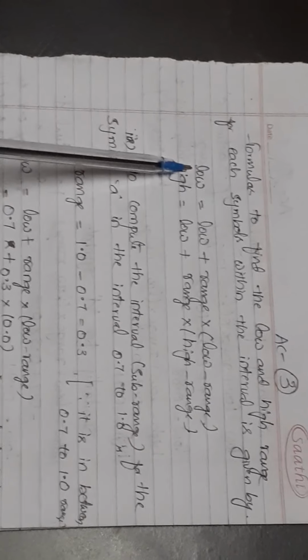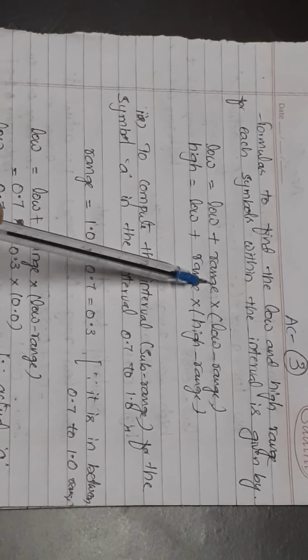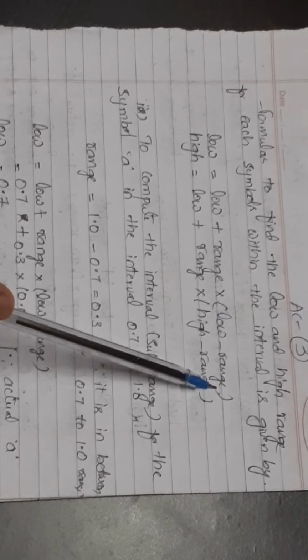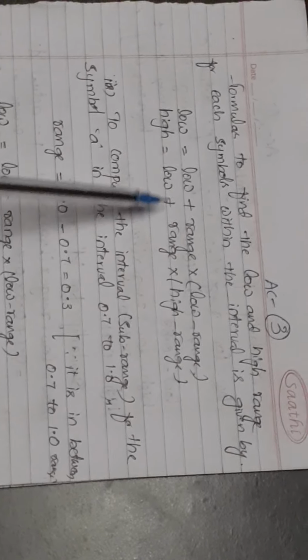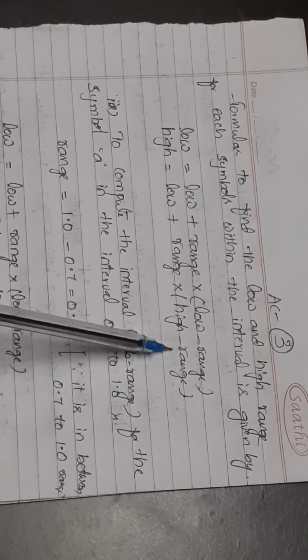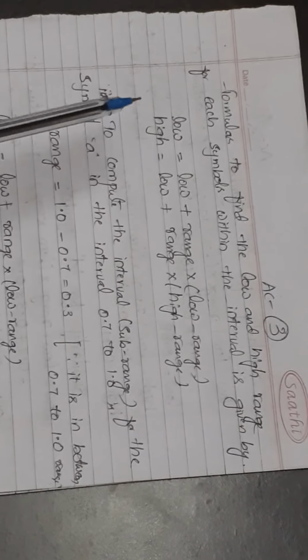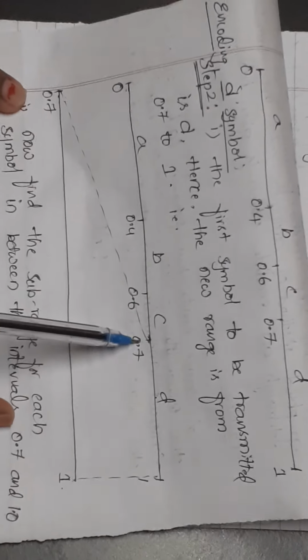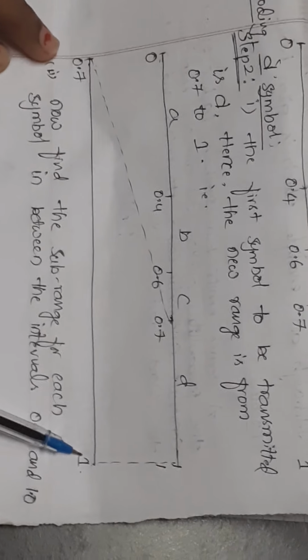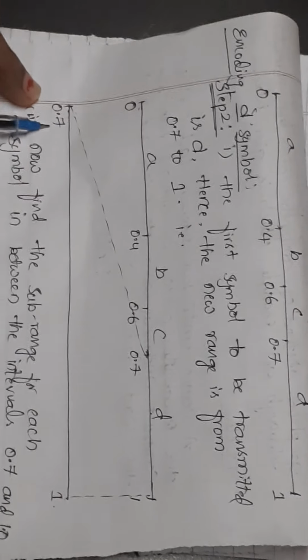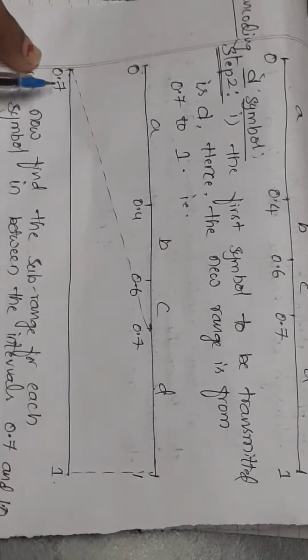The first equation is for low: low equals low plus range times low underscore range, and for the high interval, low plus range times high underscore range. What is the range? As we constructed just now, the interval is 0.7 to 1. The difference, 1 minus 0.7, is 0.3. This is the range.